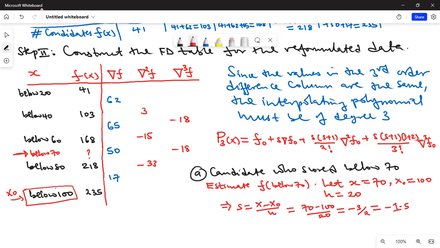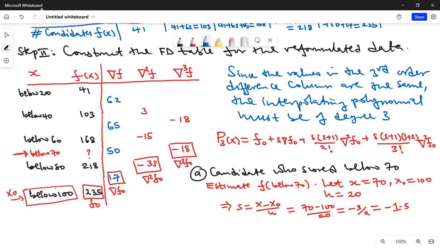So now let's substitute into our interpolating polynomial. But before then, let me explain these terms. Because this is x naught, this will be our f naught. This one here will be backward of f naught. This other one will be second order backward of f naught. And this one is the third order backward of f naught.